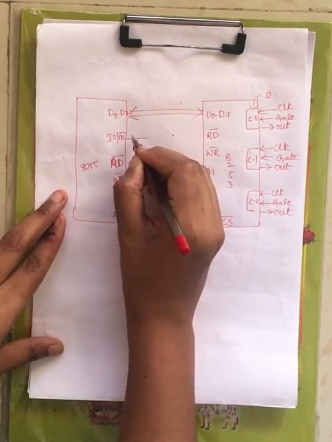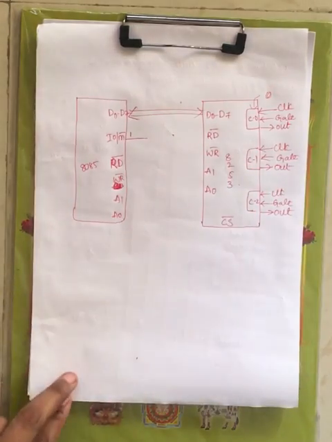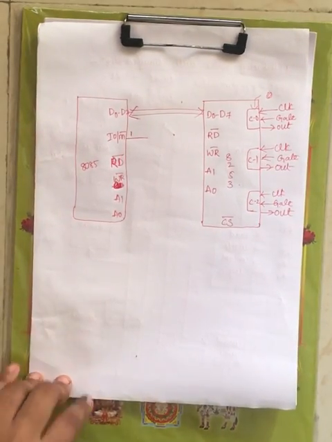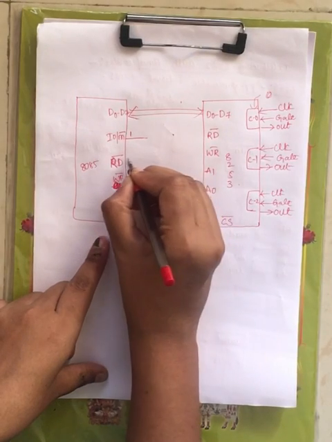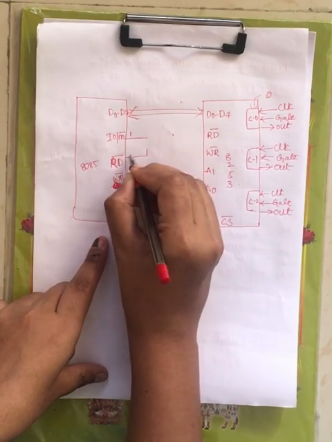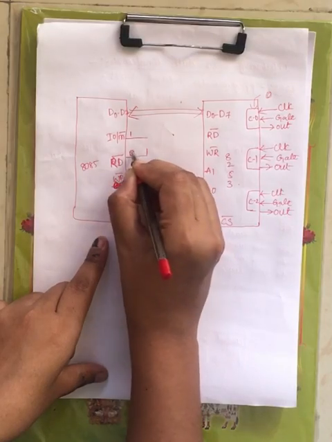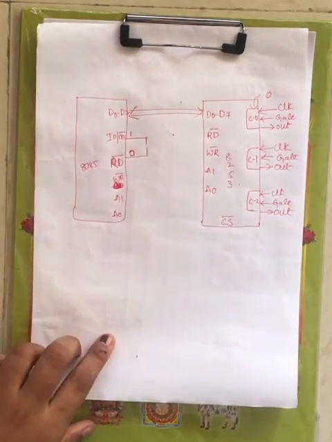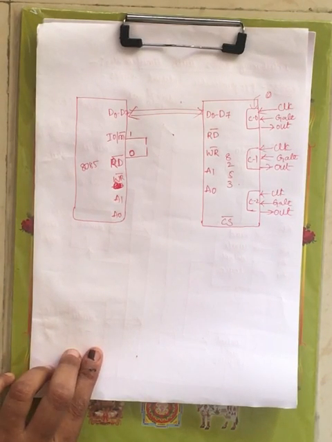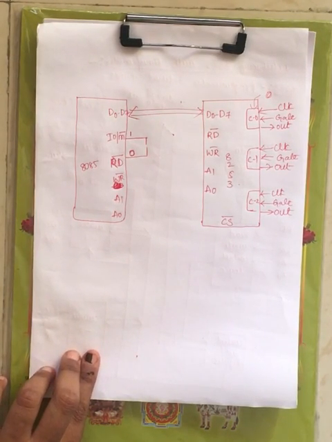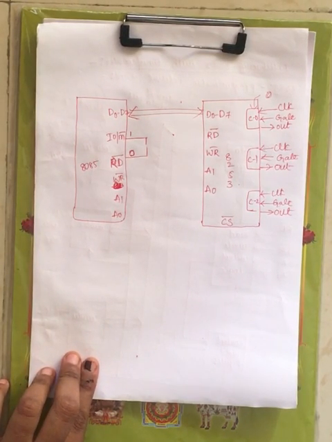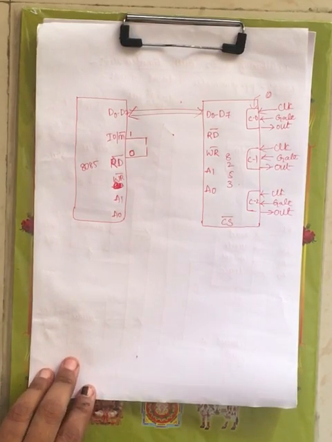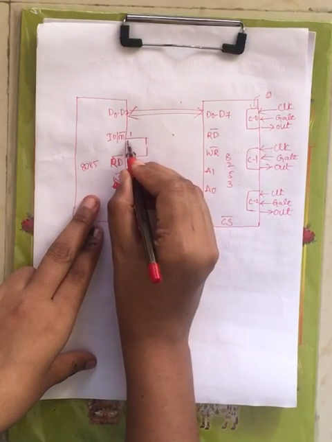Now the IO signal is 1, because 8253 is an IO device. IO/memory bar should be 1 because you are treating this particular 8253 as an IO device. Now this is active high.